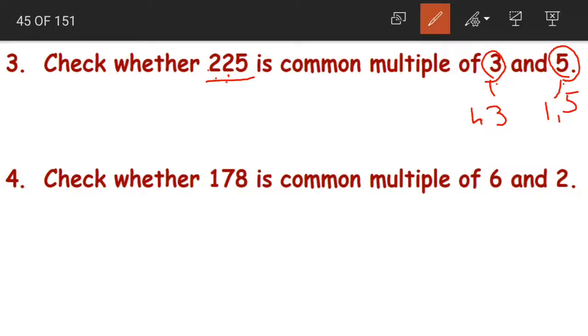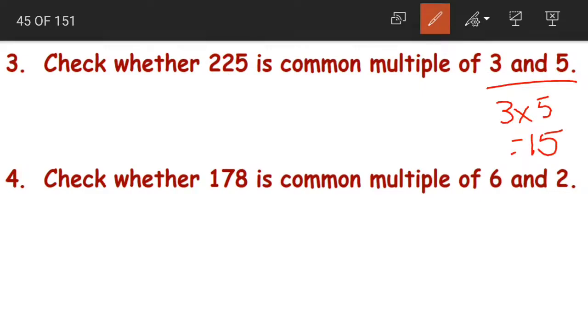There are no common factors between 3 and 5 other than 1. Yes. So what can we do? We can simply take the product of 3 and 5, that is 15, and divide our number by this product. 225 divided by 15.